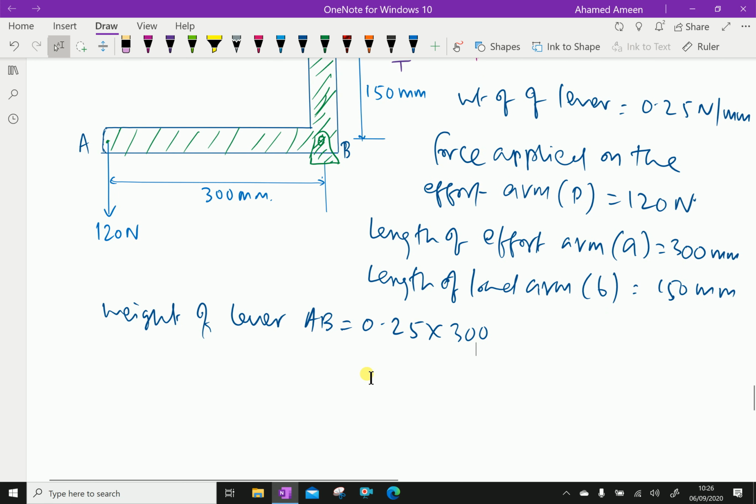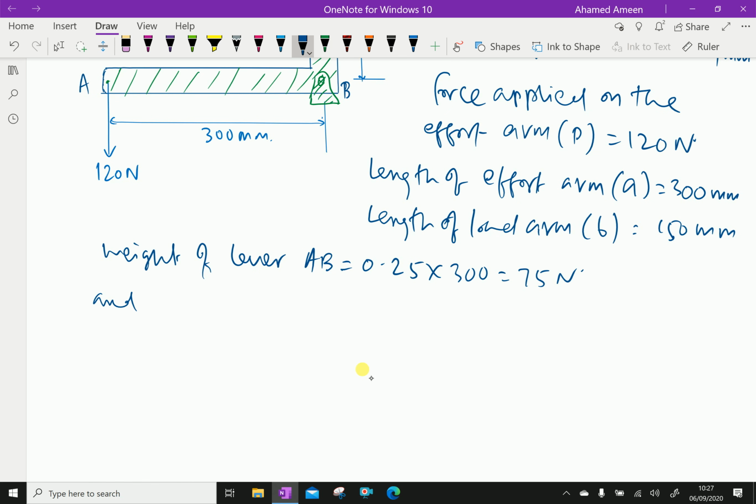So 0.25 multiplied by 300 equals 75 Newton, and it is acting at the CG of arm AB.